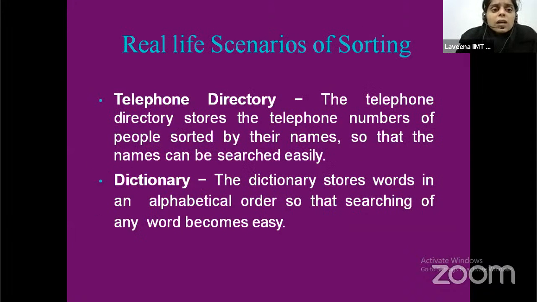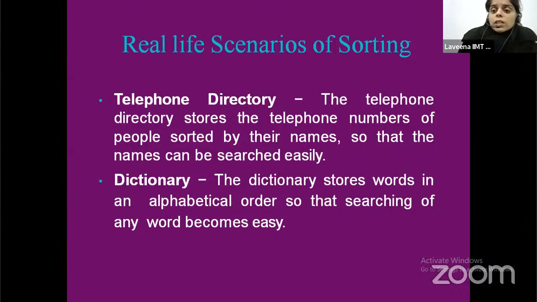If I talk about real-life scenarios of sorting, in real life you can see your telephone directory or dictionary. It is a major example of sorting. Why so? Because in telephone directories, the telephone numbers of people are sorted by their names so that the names can be searched easily.